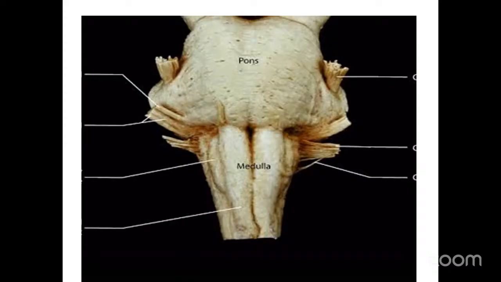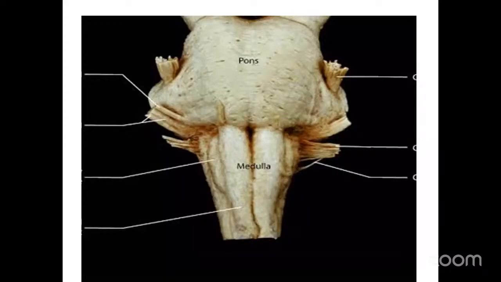One is the anterior surface, or we call it the ventral one, and second is the dorsal surface. This picture shows the ventral, or anterior, aspect of the medulla oblongata. In the anterior aspect, we can see a very midline structure, a fissure or sulcus, called the anterior median sulcus or fissure.